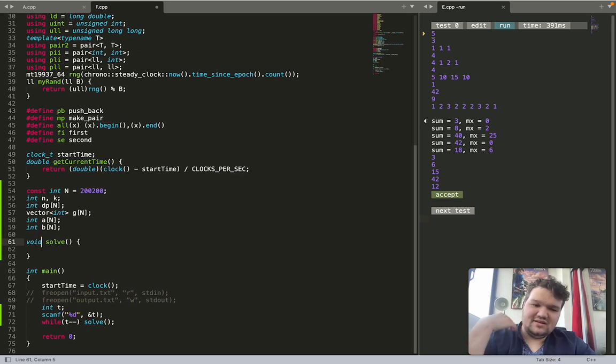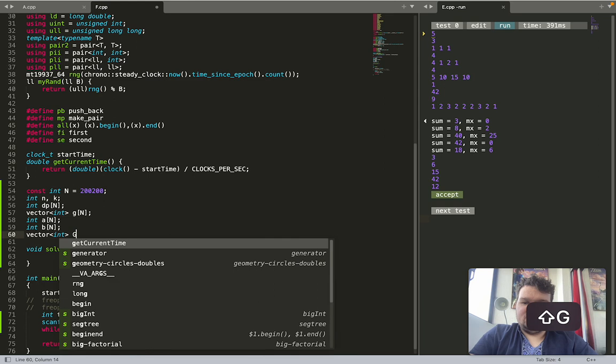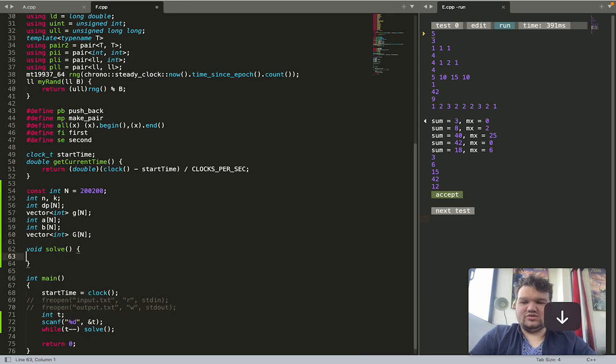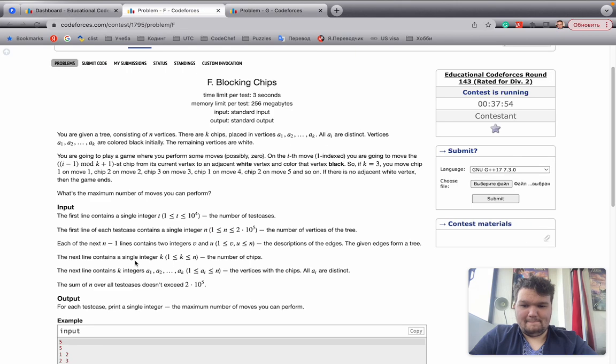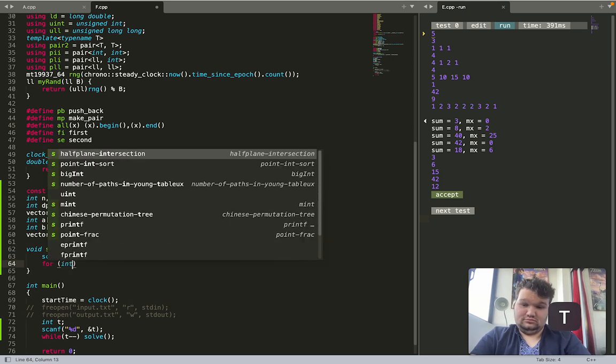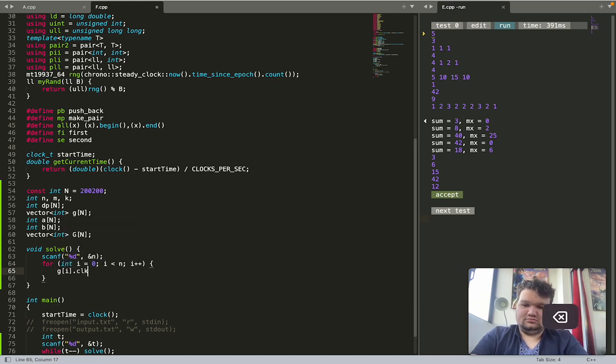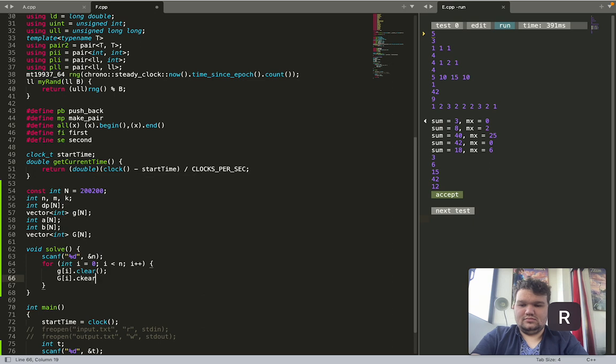This can optimize the code like 10 times for sure. So we will need 2 graphs because we need to store the initial tree to do the first DFS, but then we also need to store the vector of sons. Some cleanup.